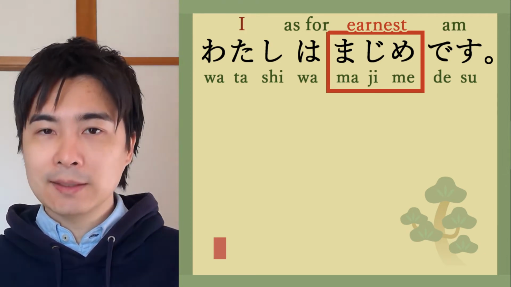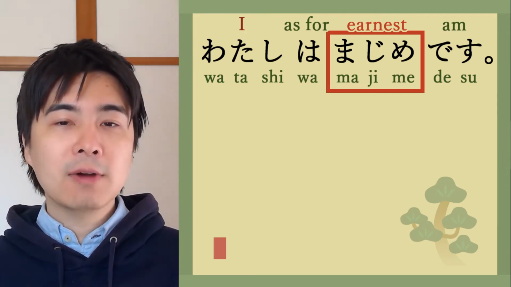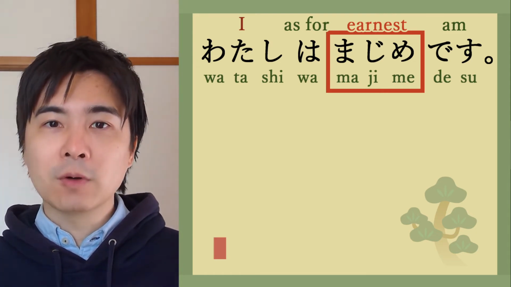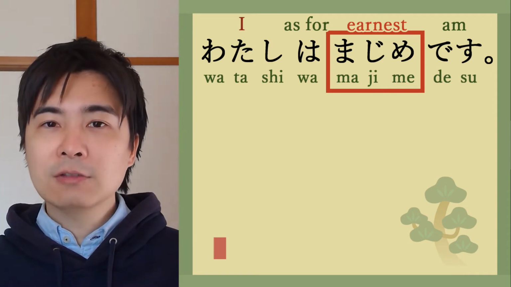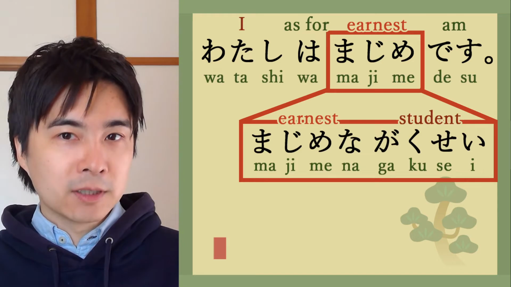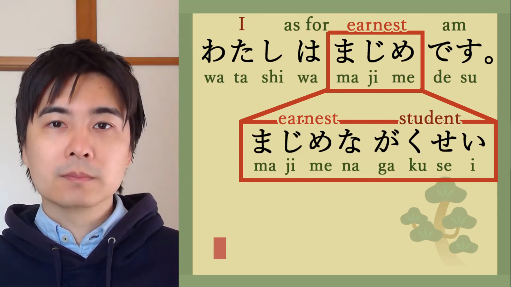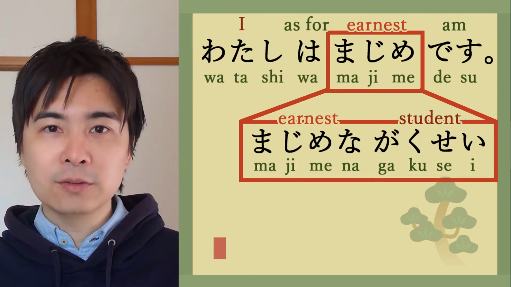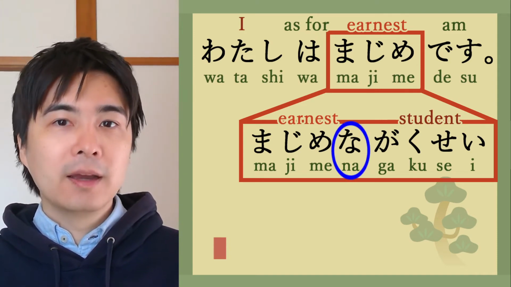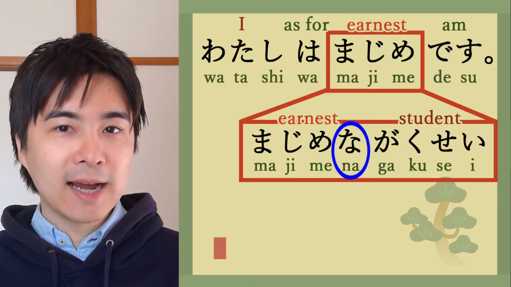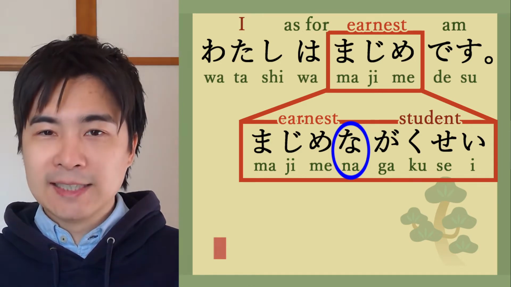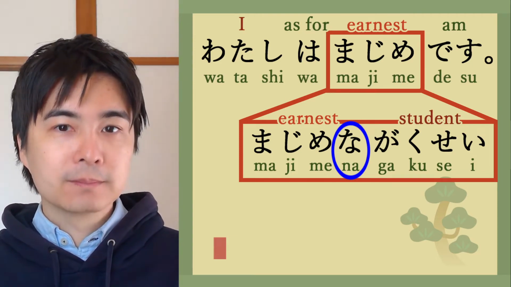In the previous chapter, we have already learned 私は真面目な学生です。It means I am an earnest student. In that case, we needed to say 真面目な学生. When a noun follows a na-adjective, we need to say な like 真面目な学生.